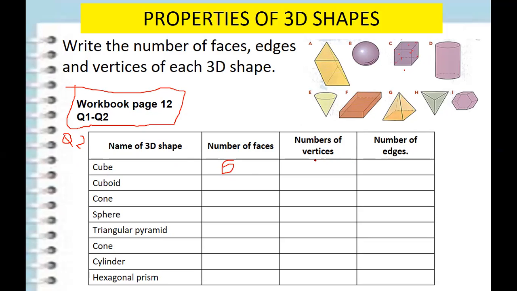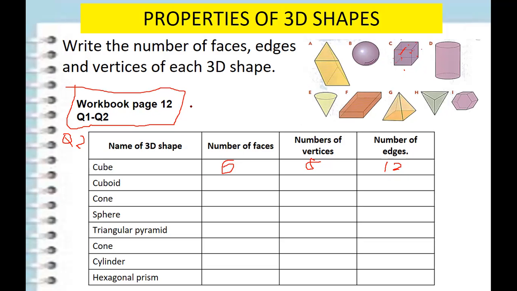So the vertices or the corners are 8. And the edges are 12. So this is for the cube. So 4 on top, 4 below, so that's 8. And then the sides, 1, 2, 3, 4 again. So 12. Okay. The rest, you're going to do in workbook page 12.